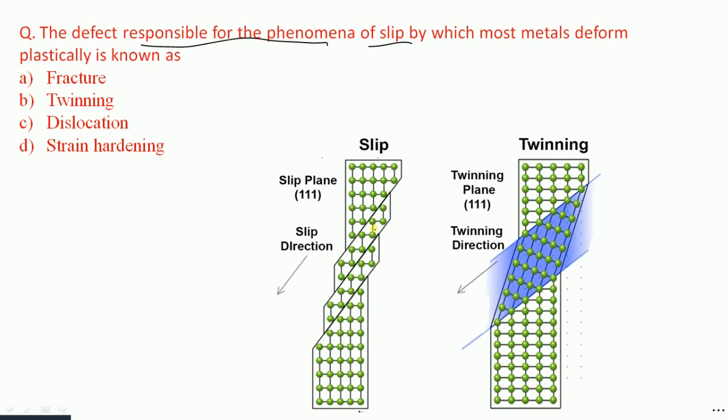So the phenomenon of slip is a dislocation. Therefore option C is the correct option. Twinning is not a dislocation, and moreover slip is a plastic deformation. Therefore option C is the correct option.